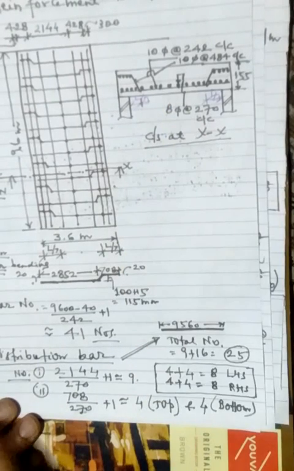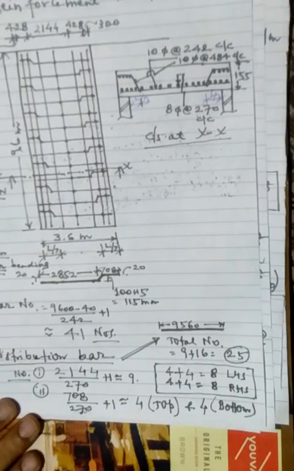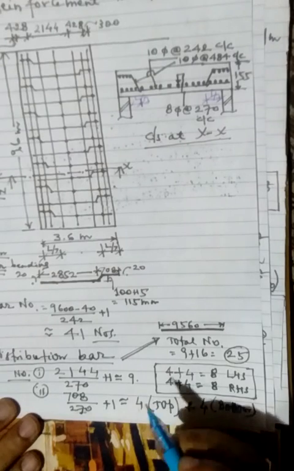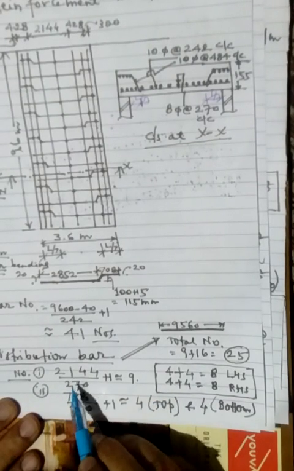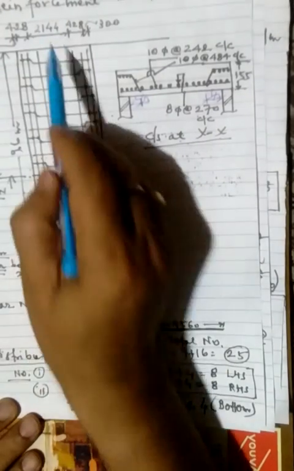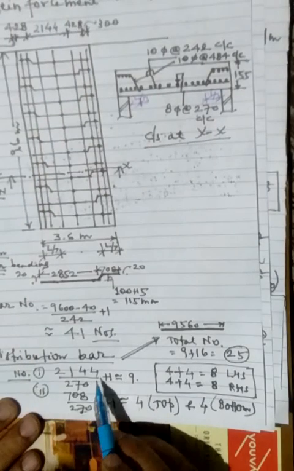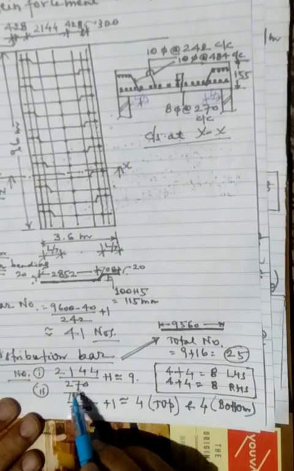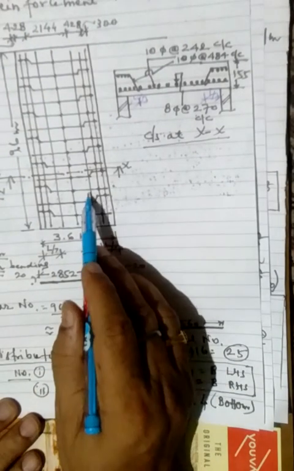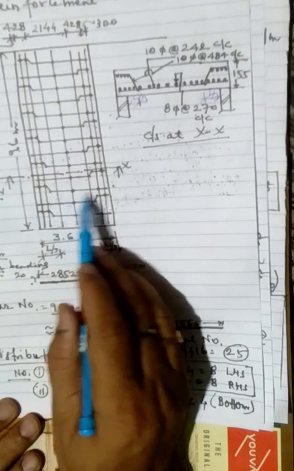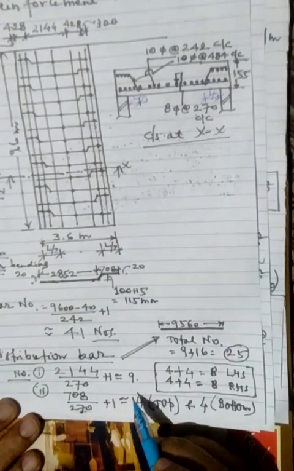So if we calculate the total number of distribution bars, the total length of the bar from the central area is 2144. For 2144 divided by the spacing of the distribution bar, 270, plus 1, we get 9 bars. So from here to here in the central zone, middle area, only 9 bars are required.